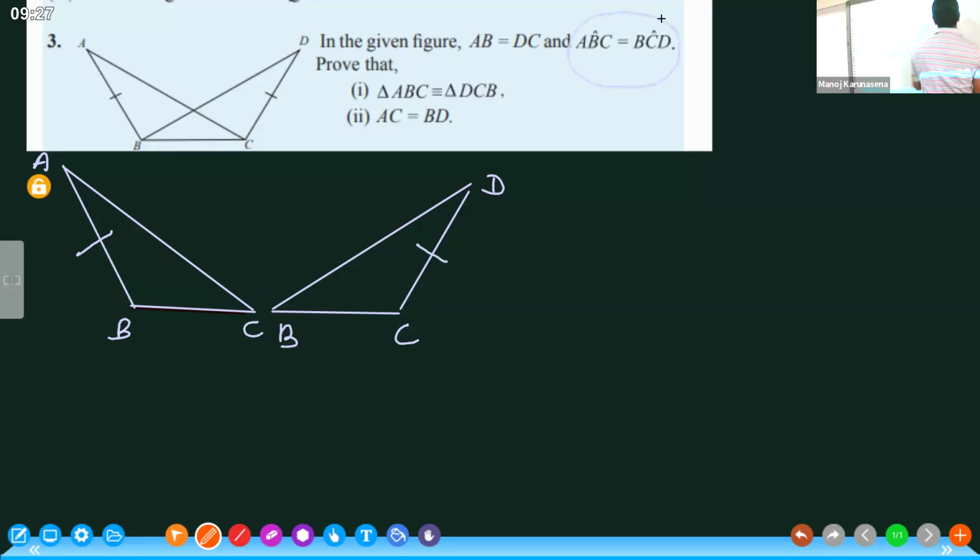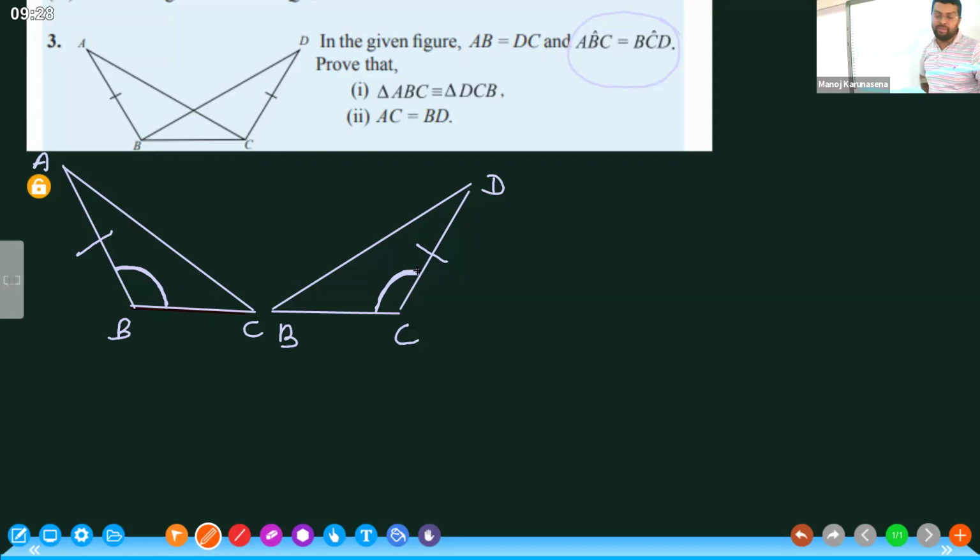Angle ABC equals angle BCD. Prove that triangle ABC is congruent to triangle DCB.